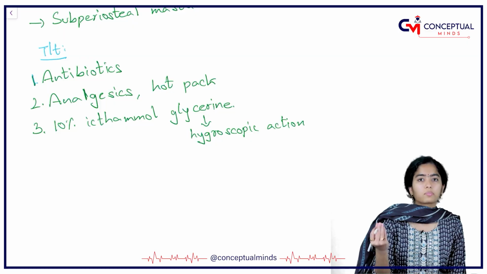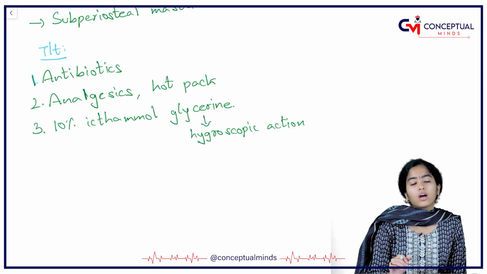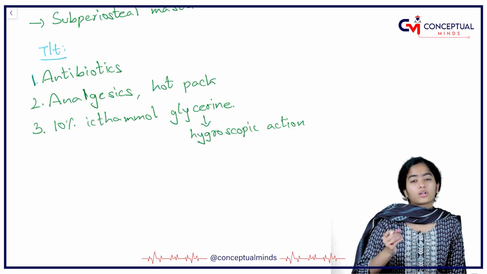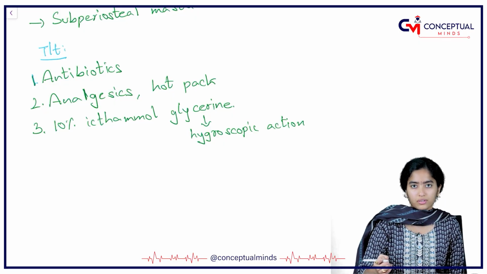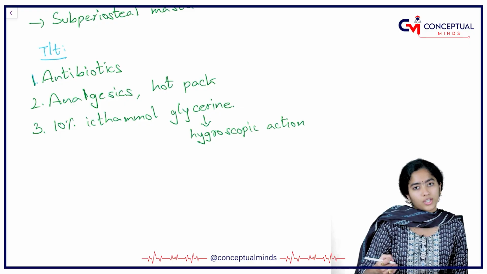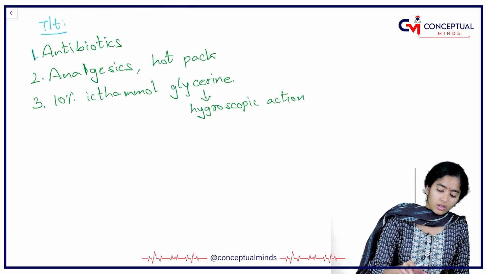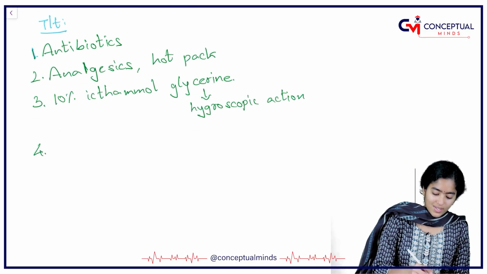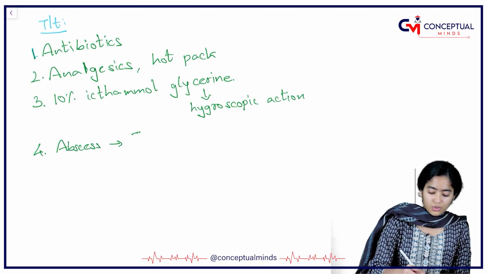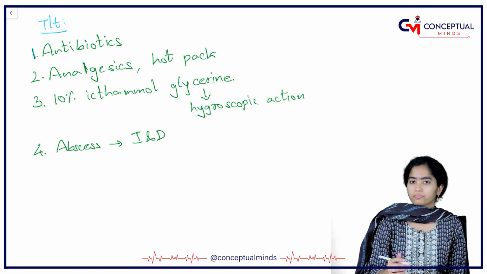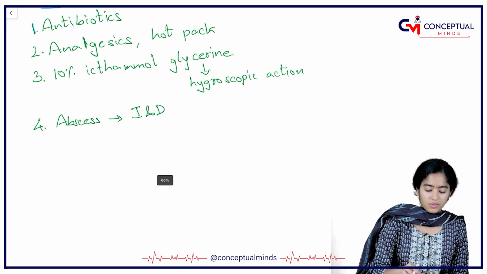So when you put this 10% ichthymol glycerine in the ear, it will reduce the edema and swelling, and it will also keep the ear in its shape. It provides support to the structure of the ear. It provides splintage to the ear. If at all an abscess has already occurred, for an abscess we need to do incision and drainage. That is the treatment for an abscess.